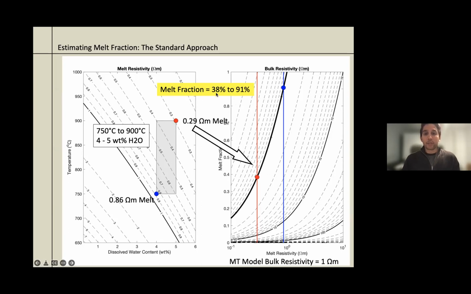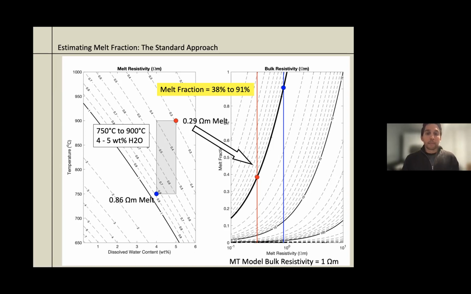I mean, 38% might be more of a mush that is quite viscous and not very eruptible, versus 91% is an interpretation of essentially a pure magma. So the mechanical properties of these two melts are so different that it's almost like a useless estimate when you have a range so large. So that's the first problem.